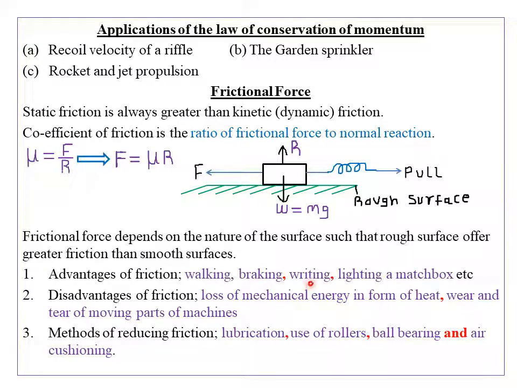Also, in writing, we need the blackboards to be somehow rough, so that there is frictional force between your pen, or the marker pen, or the piece of chalk, and that particular blackboard. So when there is friction, your ability to write becomes easier.